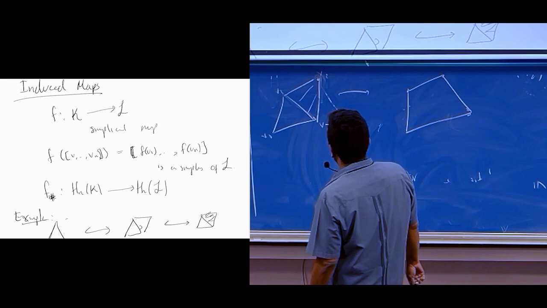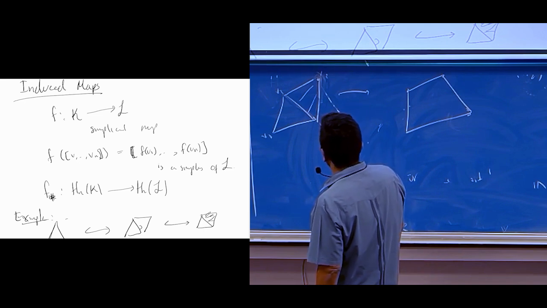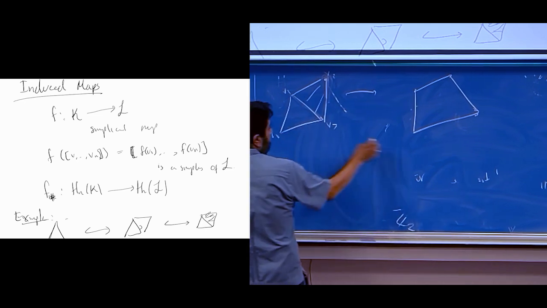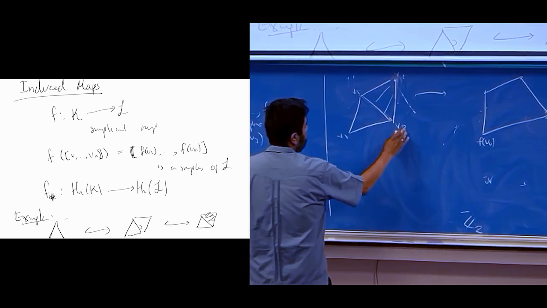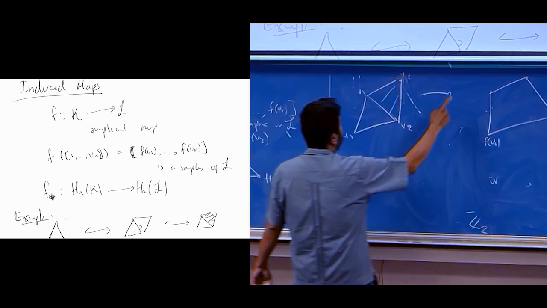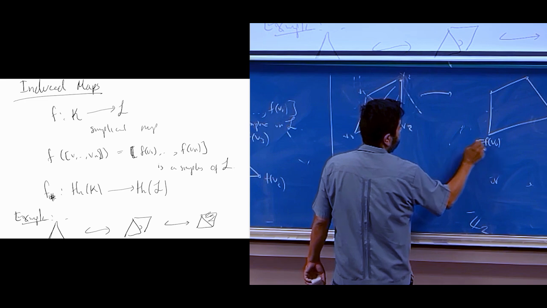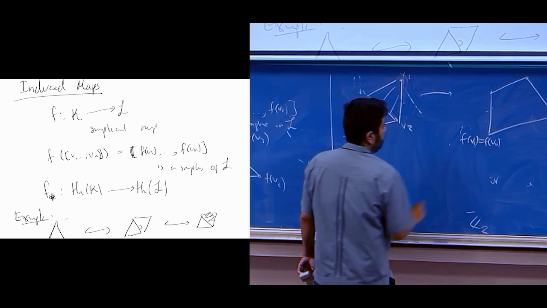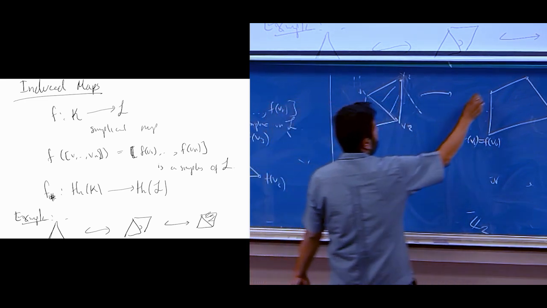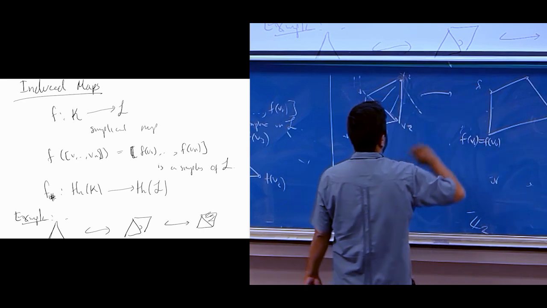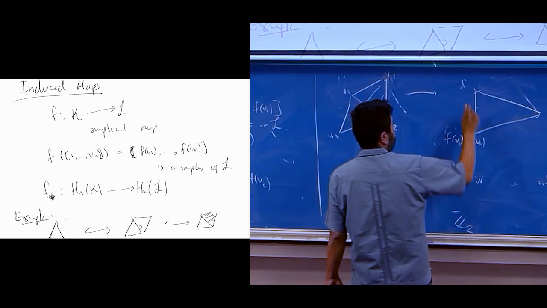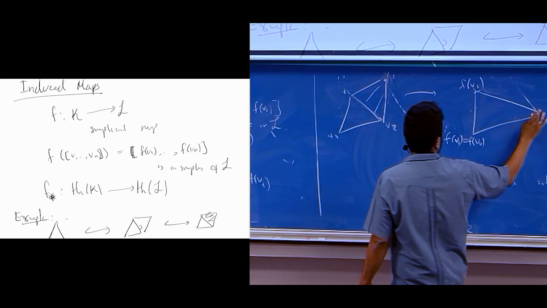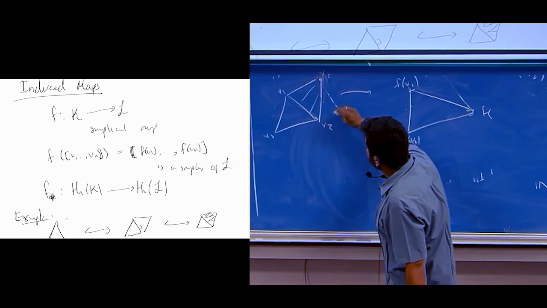I decide to map V0 here, but I make the wrong decision to map V1 to F1, and V2 here, and this is V3.